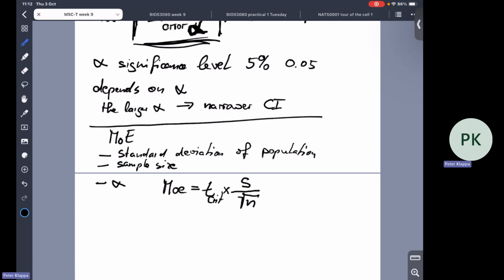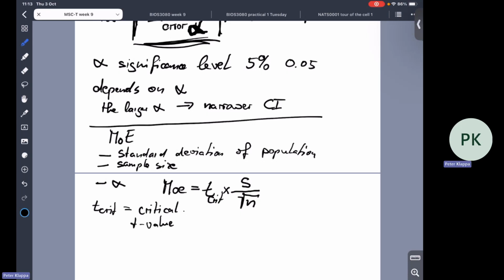What is this T crit? This T crit is referred to as the critical T value. And this critical T value is sort of a factor that makes this a proper equation.